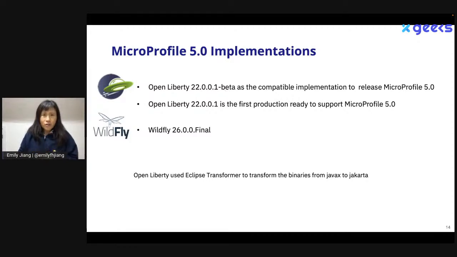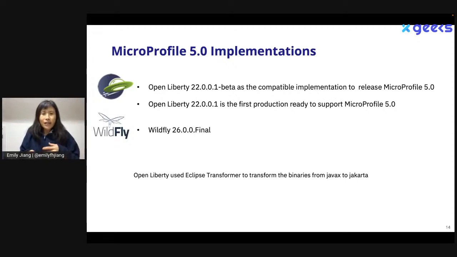Shortly afterwards, we released 22.0.1 in January 2022, the first production-ready release to support MicroProfile 5.0. WildFly also released 26.0.0 Final to support MicroProfile 5.0. I know other runtimes are also on their way to support MicroProfile 5.0.